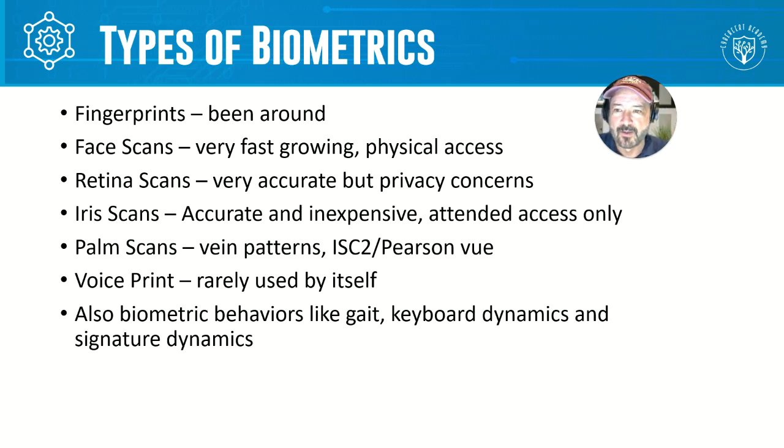It's retina. So anyway, fingerprints have been around for a long time. It's very tried and true technology. It's relatively inexpensive, but you can actually copy a fingerprint. You can use things like baby powder and super glue, cyanoacrylate, and peel it off.